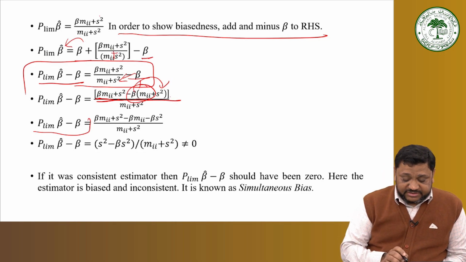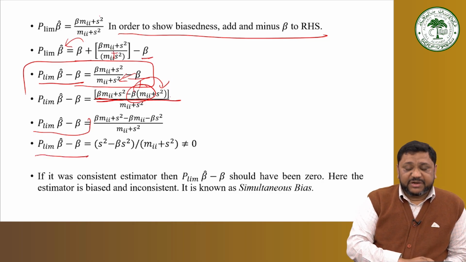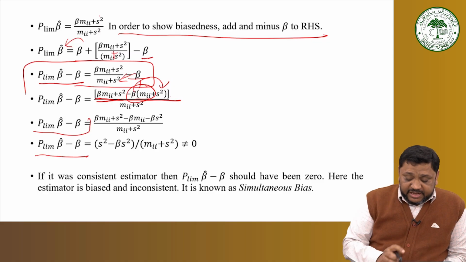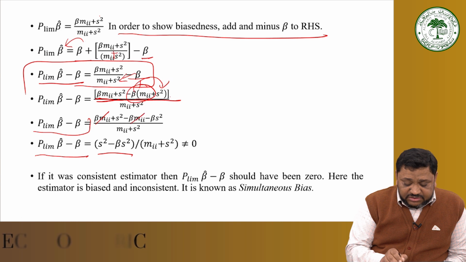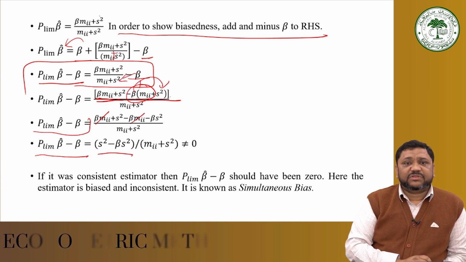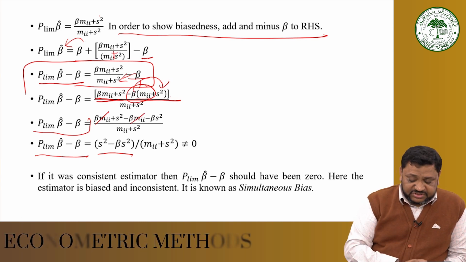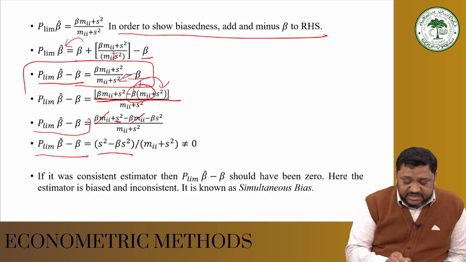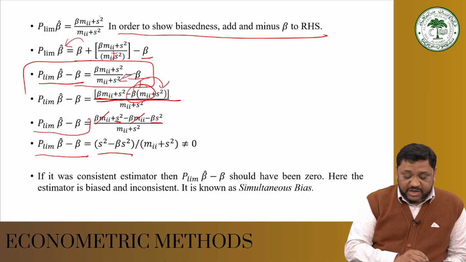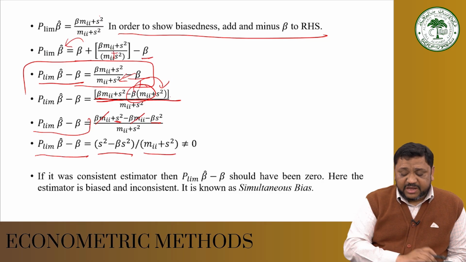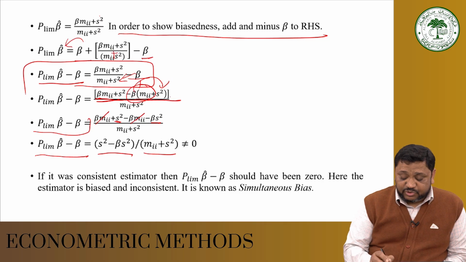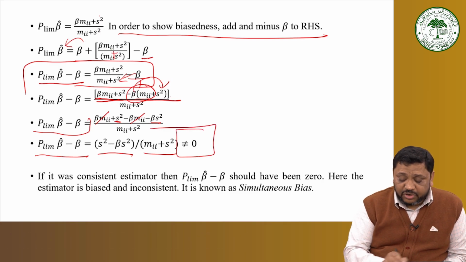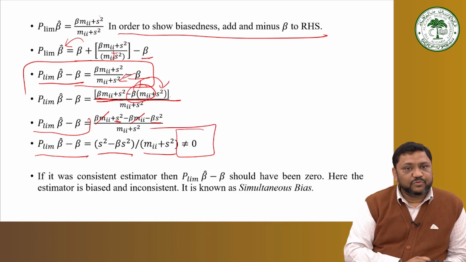So now plim beta hat minus beta is nothing but equal to s square. This and this are cancelled because they are similar terms with opposite signs. So we can write it as s square minus beta s square divided by mii plus s square. And s square is a constant, beta is a term, so this is not equal to 0.